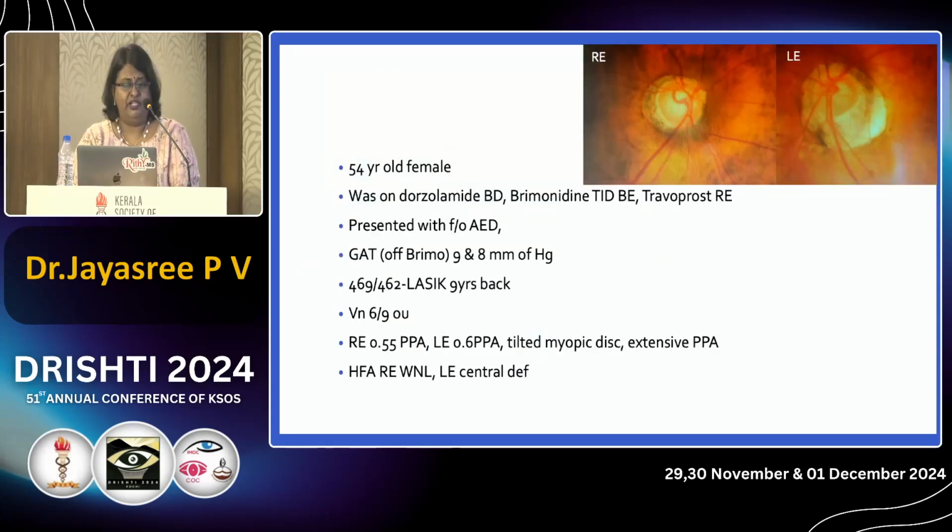This is a patient who was put on all possible medications and presented with allergic eye disease. The patient had probably a normal myopic disc and normal visual fields, and the point I wanted to highlight here was that the patient had LASIK and the corneal thickness was very low.